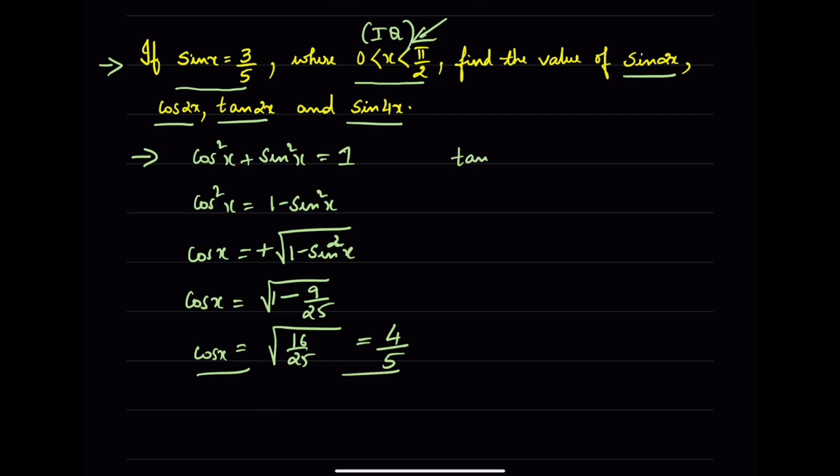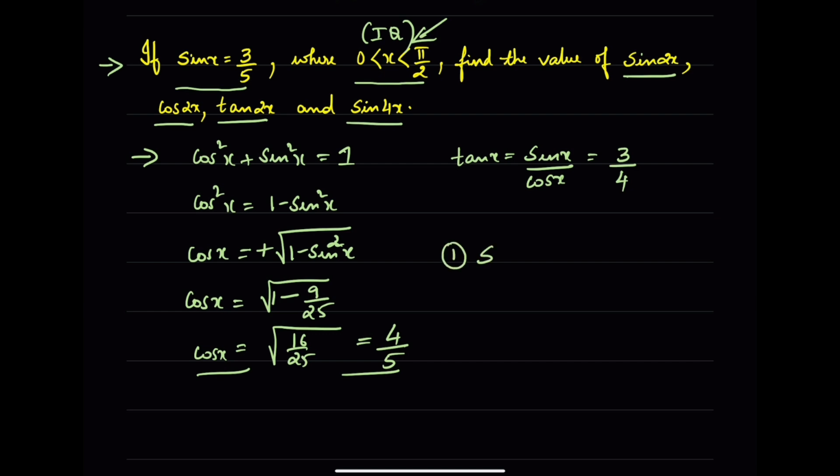So tan x is sin x by cos x, so we get tan x is 3 by 4. Now we have the values of cos x, tan x and sin x. Let's apply these to find the value of cos 2x, sin 2x, tan 2x and sin 4x.